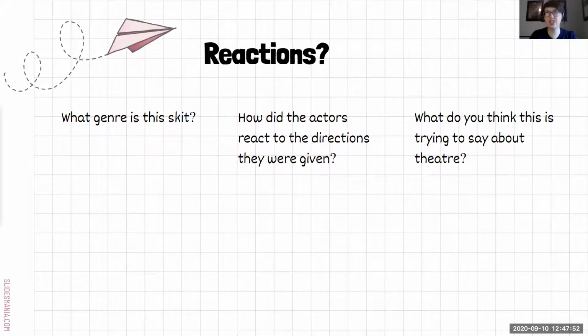All right. So, how did the actors react to the directions that they're given from the director? What are they trying to do? They're trying to follow them, but they are getting irritated, right? They're trying to do as many things as they can. They're trying to please her, right? What else?